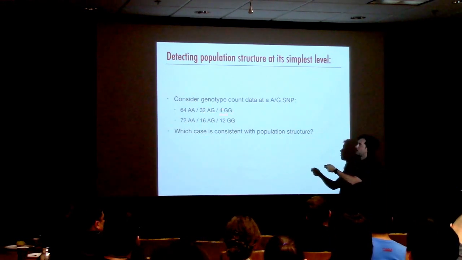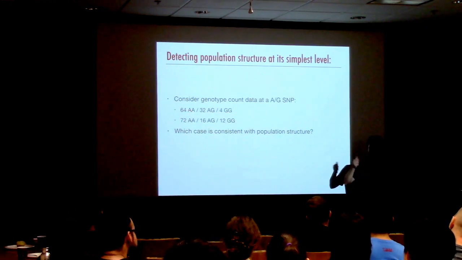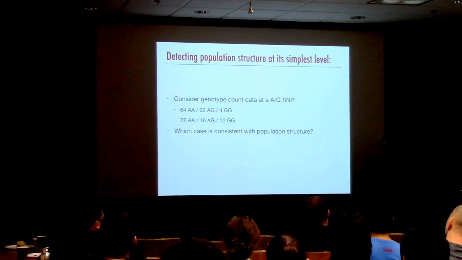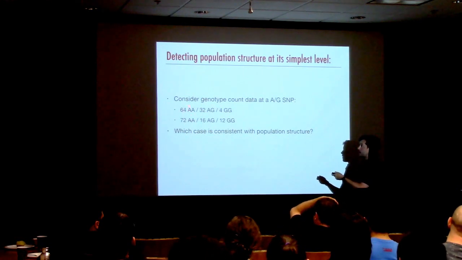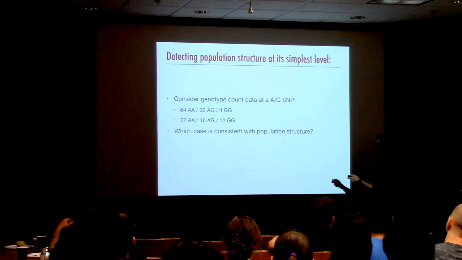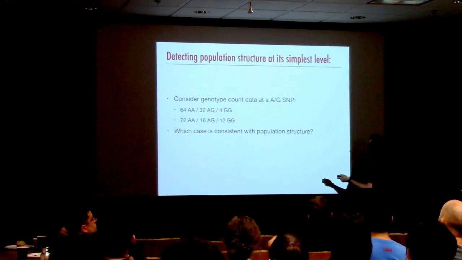So this one's exactly in Hardy-Weinberg equilibrium, which is to say that the genotypes are paired exactly as you'd expect if you independently drew alleles for each allele in the genotype. Here we see, relative to these values, an excess of homozygotes.